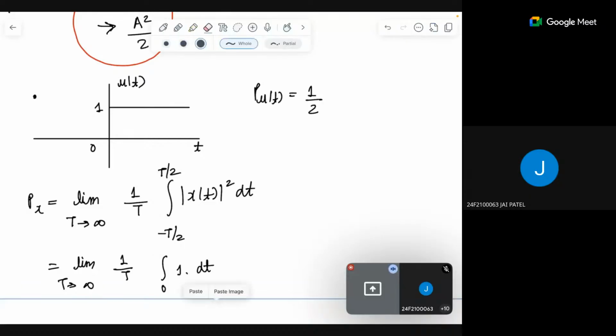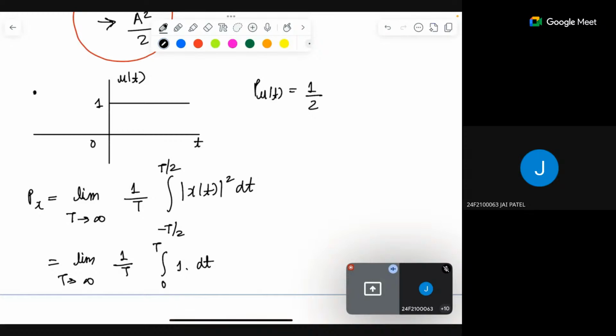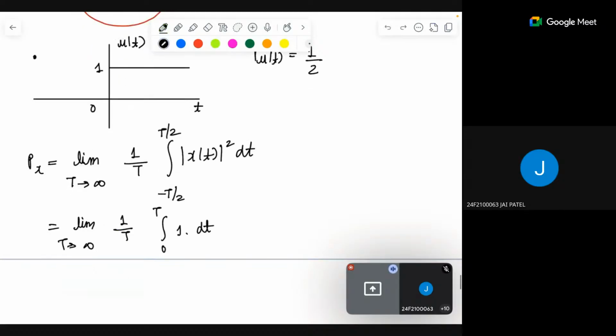Sorry, here I will take this t. It starts from 0, so I will take 0, but for the upper limit, I will take t. So you notice here it is t, and here also the interval is t. All right, is that fine? Yes, ma'am. Now I integrate, limit t tending to infinity 1 by t.